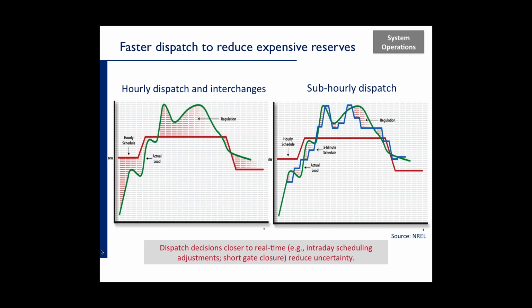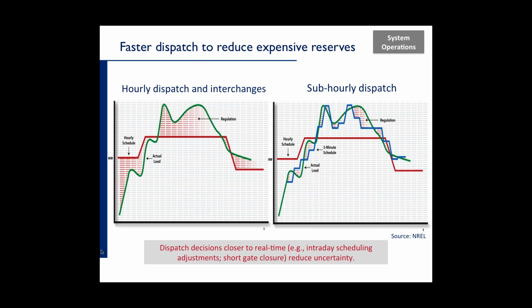And so what you see now, instead of having a flat dispatch, is a new line, a blue line, and you can see that it operates in some kind of small stair-step function. What that means is that the economic dispatch is responding every 5 minutes and can therefore come pretty close to matching the demand.